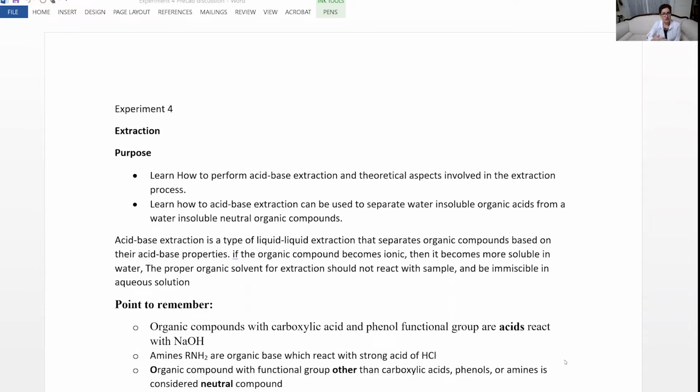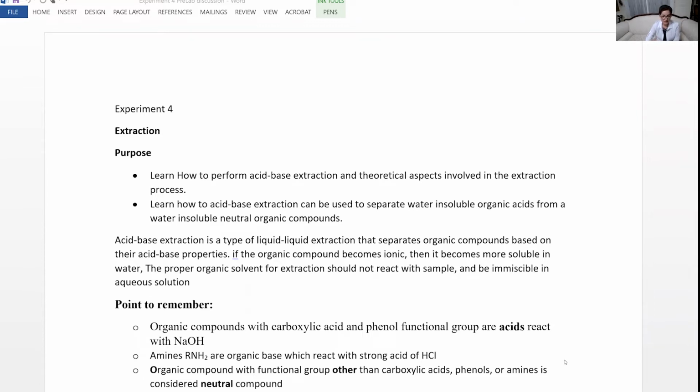If you have a mixture of 2 acids, you cannot use extraction to separate them. If you have a mixture of 2 bases, you cannot separate them. But if you have an acid and a base, then you can separate by extraction, and I will tell you how. If you have an acid with a neutral compound, you can separate them. But if you have 2 neutral compounds, you cannot.